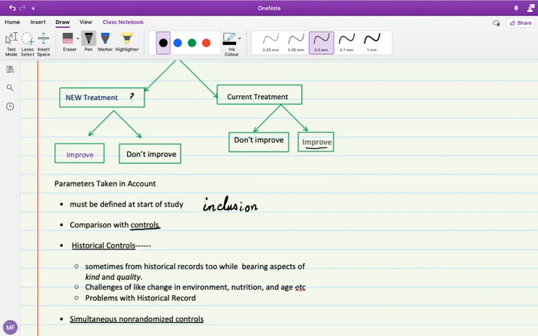Let's say we are studying the effect of cholera, and we want to study whether the cholera incidence is higher in winter. We want to enroll a group of individuals in December, and we are comparing those findings with what we have already noticed in a flooded area in June.